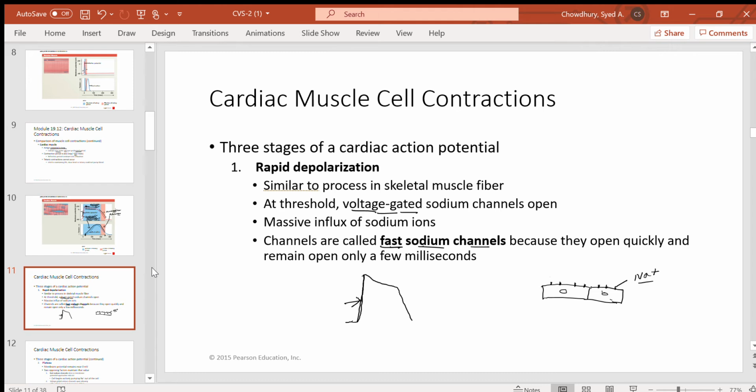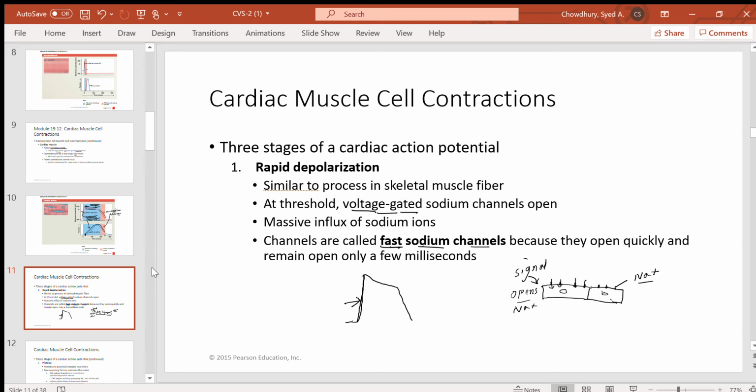When that electrical signal arrives, the voltage gated sodium channels get opened. These channels open abruptly, not slowly, suddenly, all together.